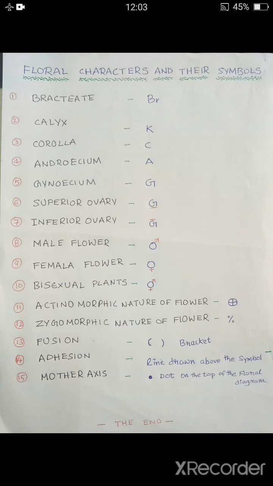Floral characters like inflorescence, either racemose inflorescence or cymose inflorescence. Next, flower parts. What are the different flower parts? Like calyx, corolla, androecium and gynoecium. After that they explain the floral diagram and floral formula. Like this they complete the total description of a flowering plant in a simplified manner.